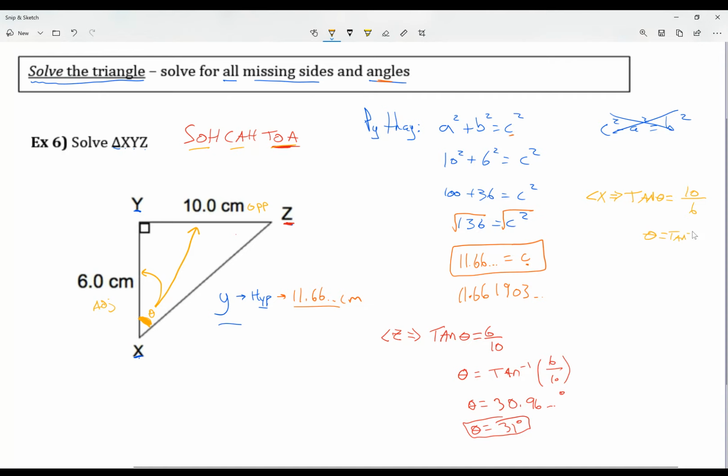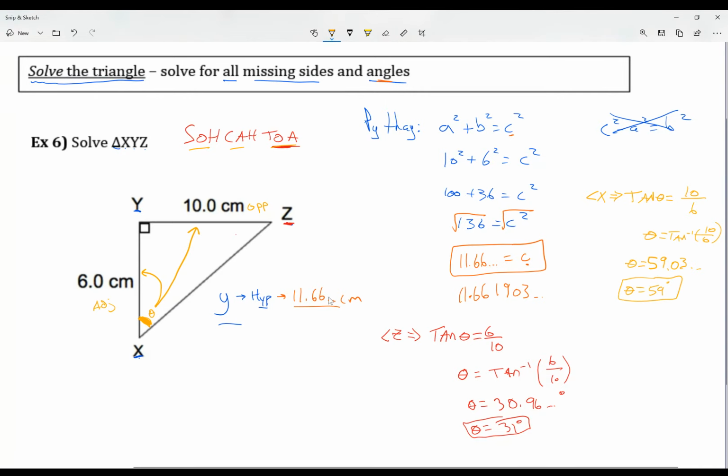I take the second function tan of 10 over 6. And theta will get me 59.03 and change. So if I wanted to round it, 59 degrees.